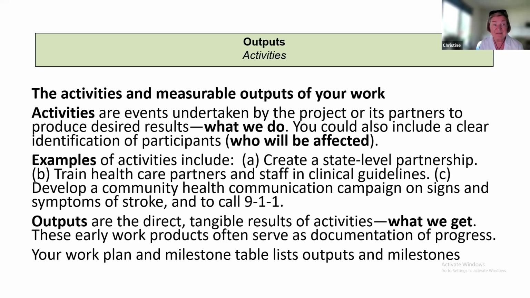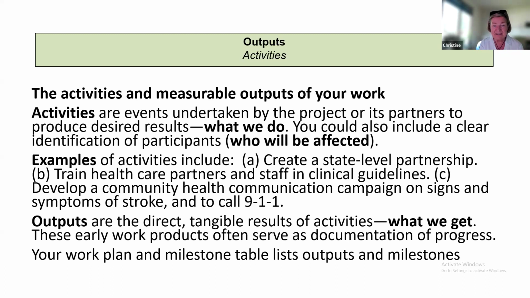So activities are the events that we undertake to produce desired results. That's what we do. If your project plan says we will hold 16 webinars, or we will perform 25 farm visits, that's what goes into the activities and output section here.